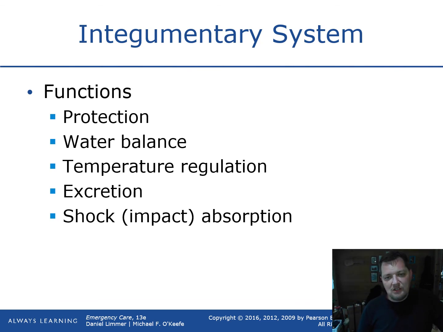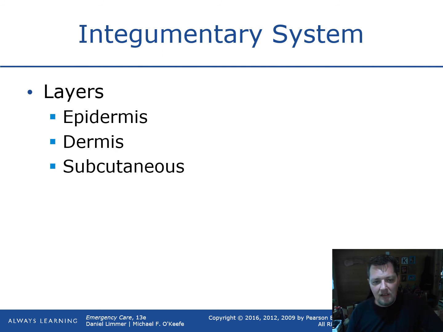Okay, so the integumentary system, it functions for protection, water balance, temperature regulation, excretion, and shock or impact absorption. Okay, there's layers of the integumentary system. We've got the epidermis, which is the outermost layer, your dermis, and your subcutaneous, which is your innermost layer.